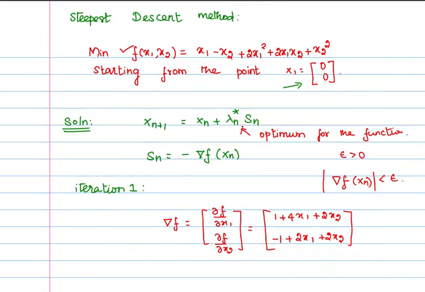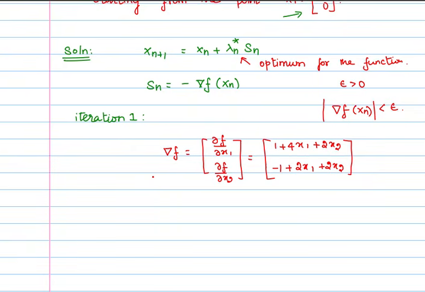Next, I want to find S1. S1 equal to minus times gradient of f of x, that is, minus times gradient of f at x n, here x naught.